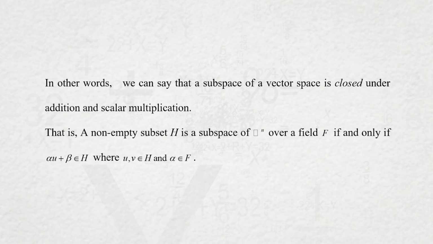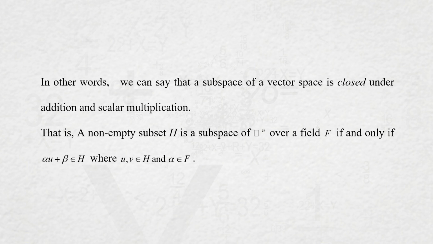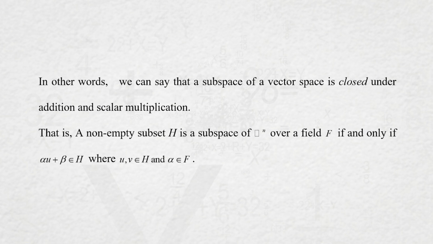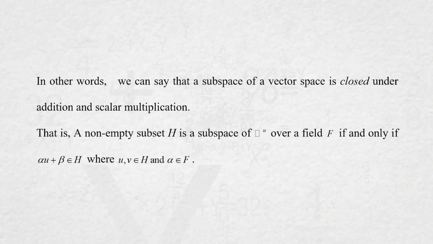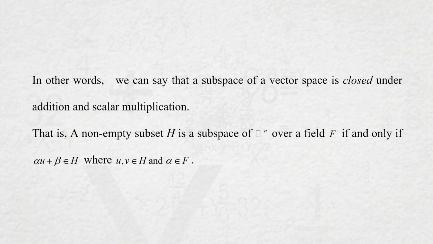That is, a non-empty subset H is a subspace of R^n over a field F if and only if alpha u plus beta v belongs to H, where u and v belong to H and alpha and beta are in field F.